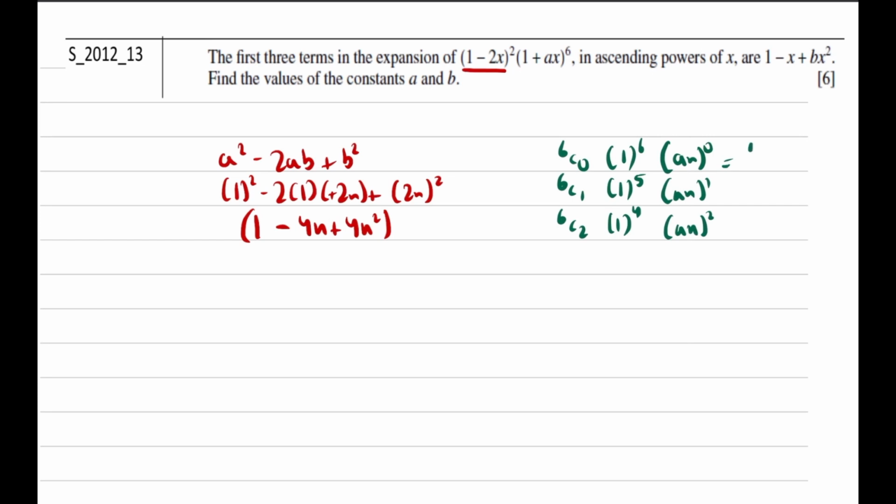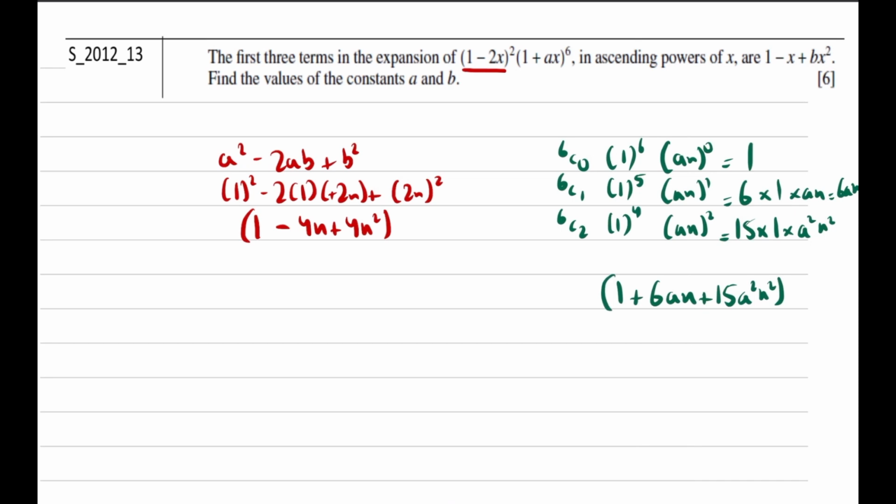So it's going to become 1. 6C0 1 होता है, 1 raised to anything 1 होता है, anything raised to power 0 1 होता है. 6C1 is 6 into 1 into ax, that makes what? 6ax. 6C2 क्या होता है बच्चे आपका 15 into 1 into a square x square. So I'm going to write 1 plus 6ax plus 15a square x square.